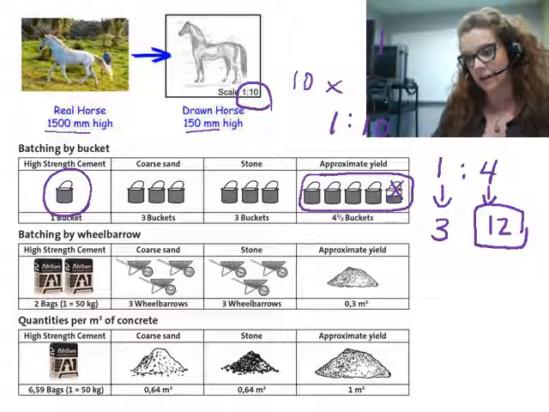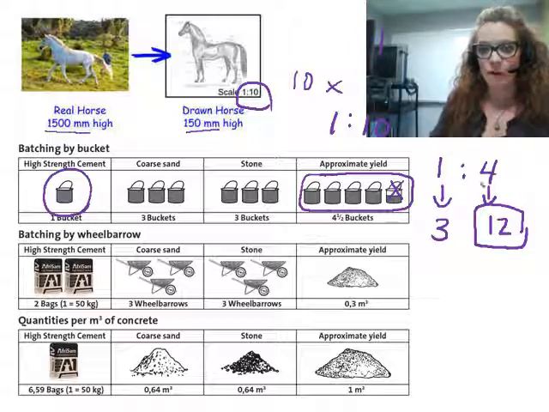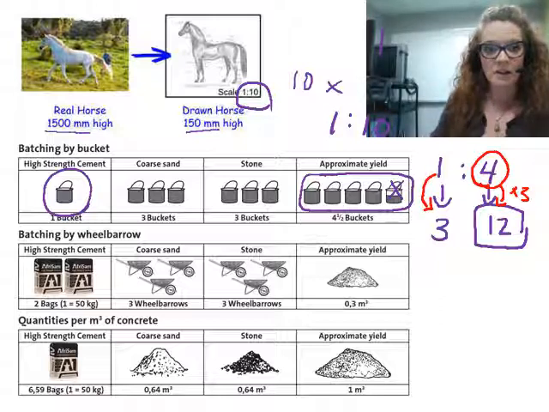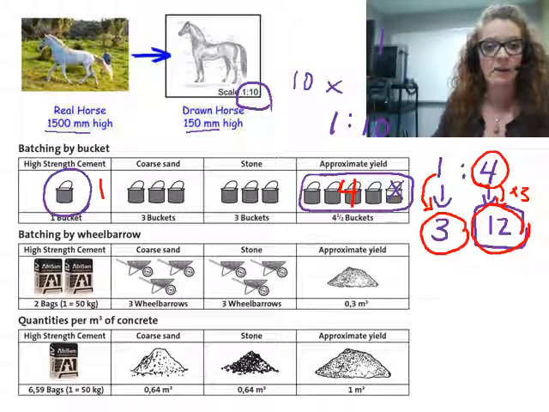How I got that answer was what I did to the 4 to get the 12, I multiplied by 3. So I used that same special recipe over here. I multiplied by 3 and that gave me the 3. So if my original ratio was 1 to 4 and I want to triple that to get 12, then I would triple my original recipe of cement and use 3 buckets of cement.